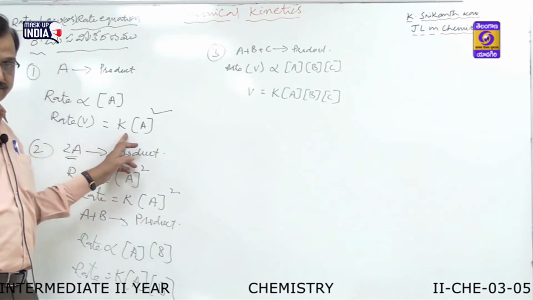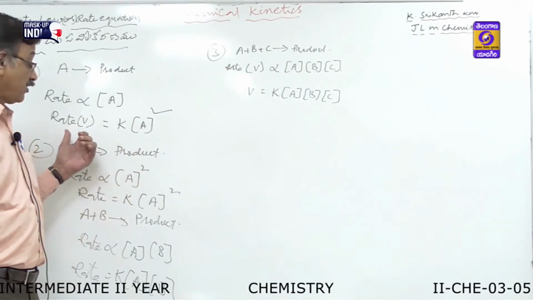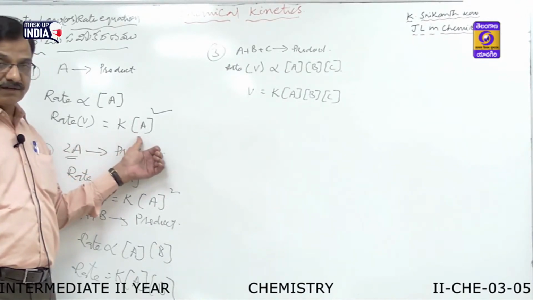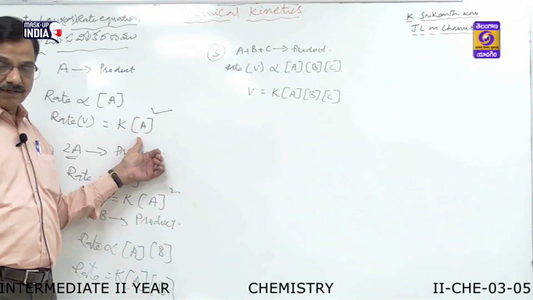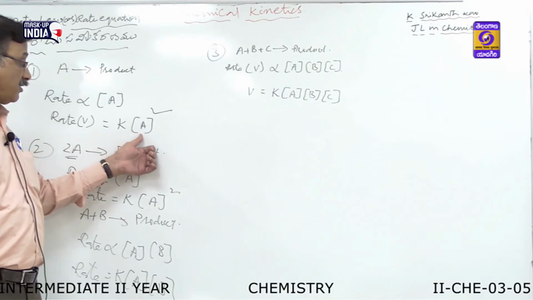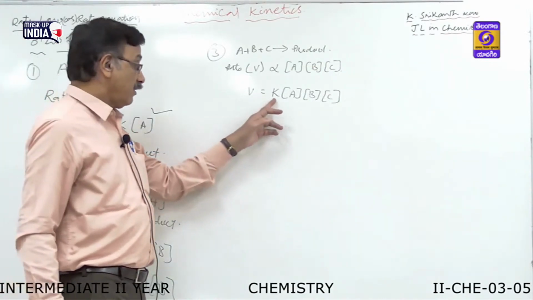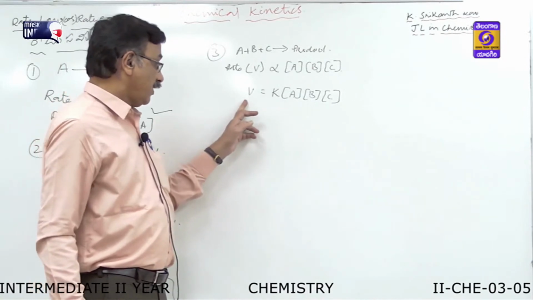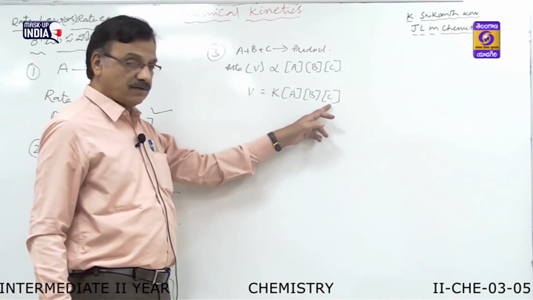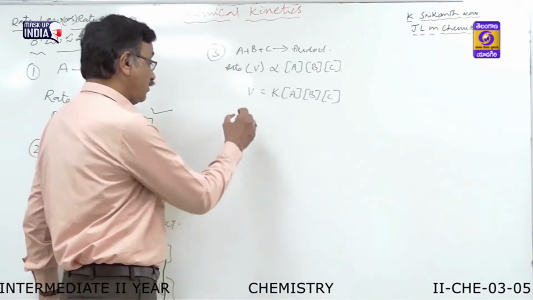So this way you can define that the rate constant is nothing but the rate of the reaction when the concentration of the reactant is unity. Here also we can define rate constant is nothing but the rate of the reaction if the concentration of the reactant is unity.